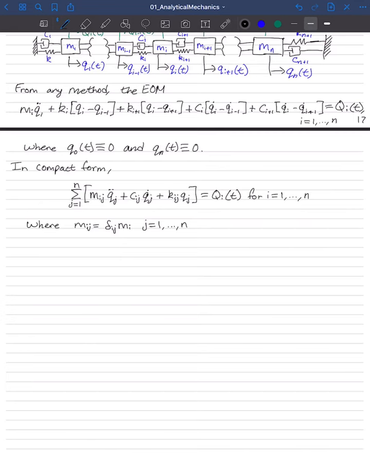Then k_ij is equal to 0 for j equal to 1 all the way up to n, provided that j is not equal to i minus 1 or i plus 1.